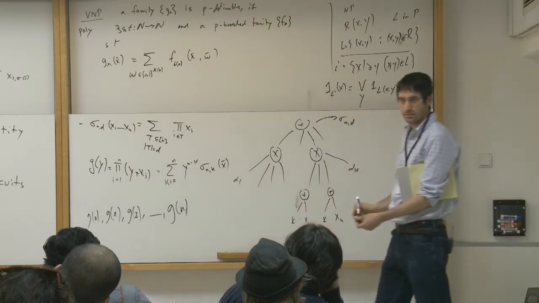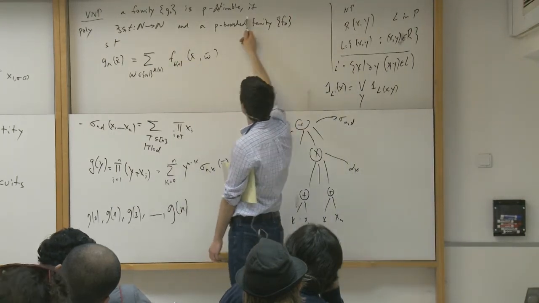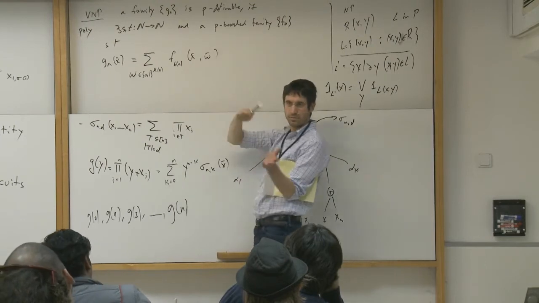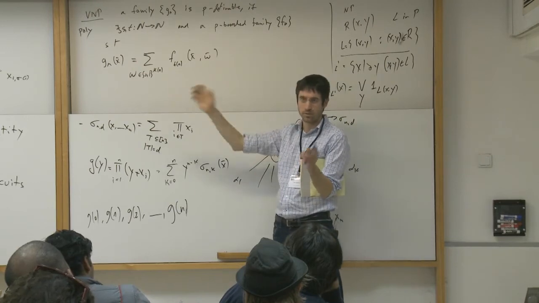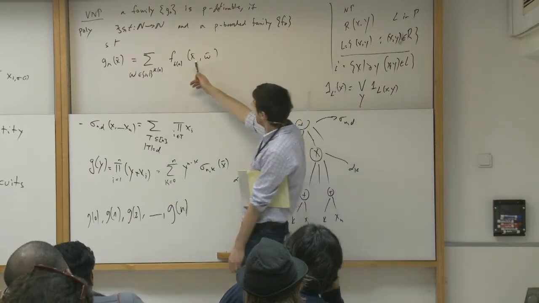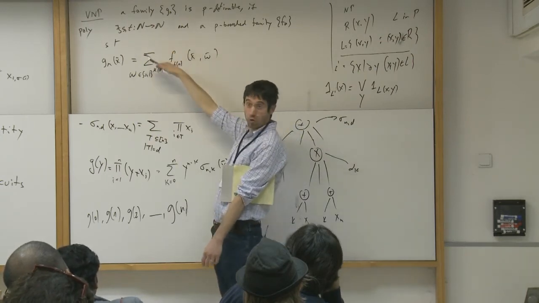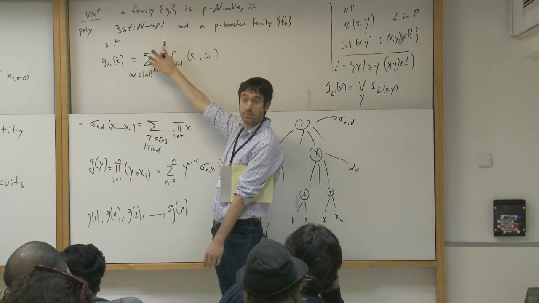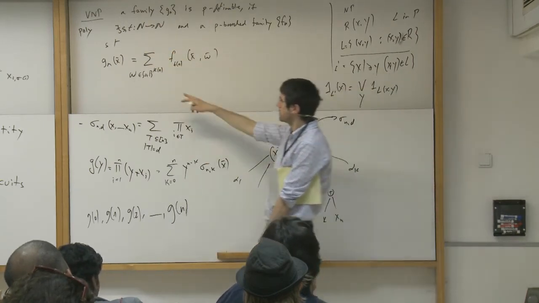Okay, so what happens here? Let's do it slowly. First of all, the polynomial T just connects Gn to F of T of n. Maybe the n polynomial goes to the n squared polynomial. It's not a big deal, as long as this transition is polynomially long. And then you have a polynomially long witness. Now, instead of doing an OR over all witnesses, you do the sum over all witnesses, where the witness ranges over 0, 1.